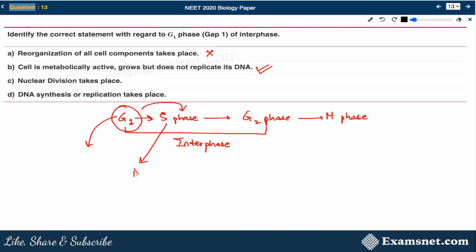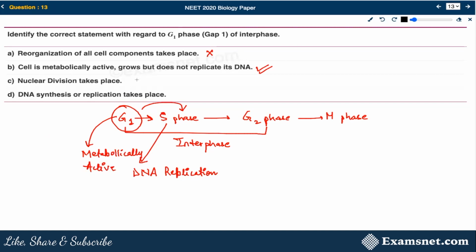Here the cell will be metabolically active and will synthesize all the proteins and enzymes that will be required in DNA replication. Clear? So this is a correct statement.